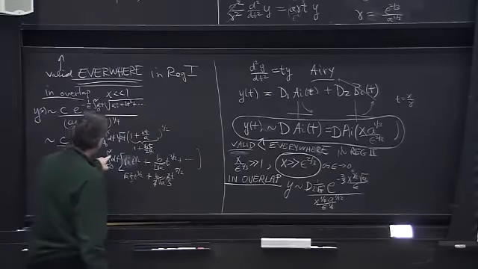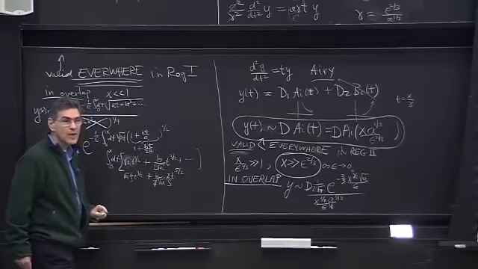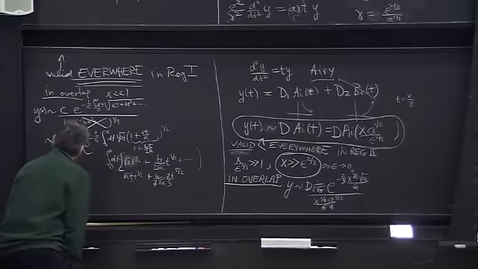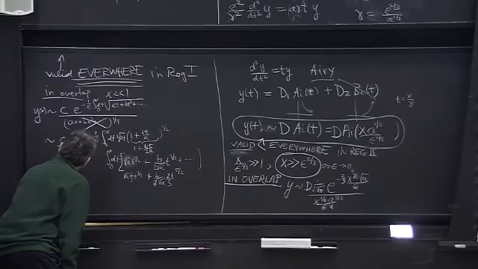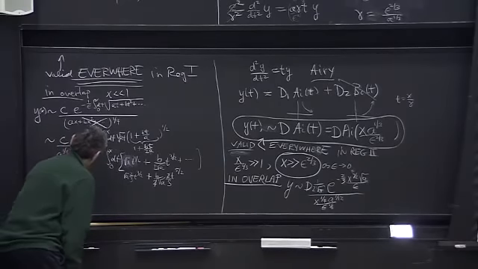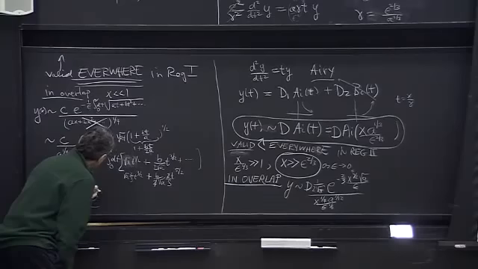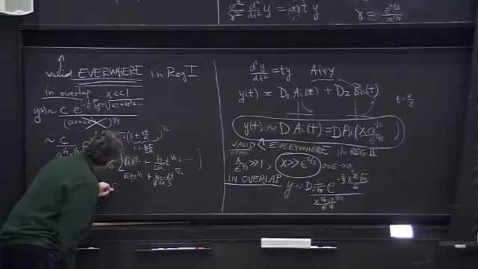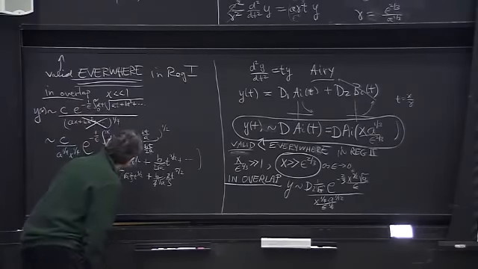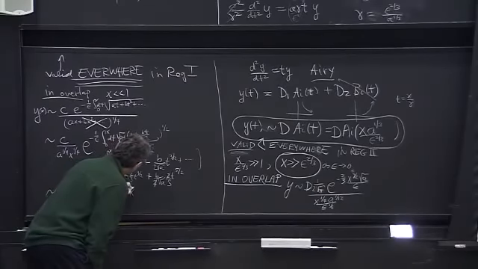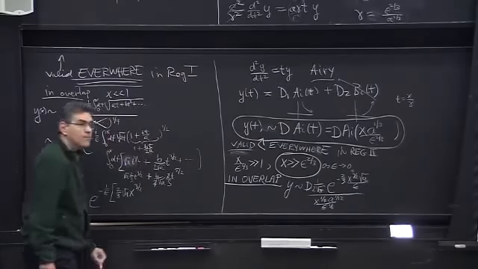Okay, and now we evaluate it at the endpoints. And when I evaluate it at the endpoints, I get c over a to the 1/4 x to the 1/4 e to the minus 1 over epsilon times, now, look at this, 2/3 square root of a x to the 3/2.